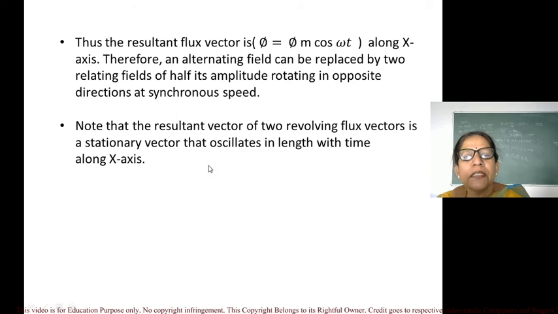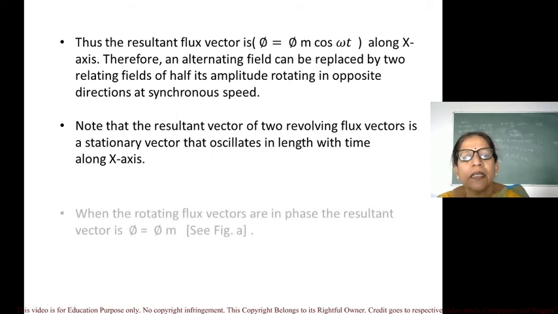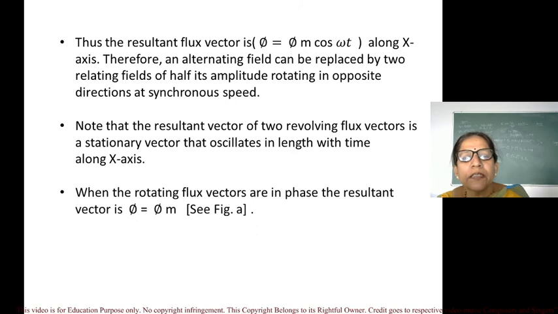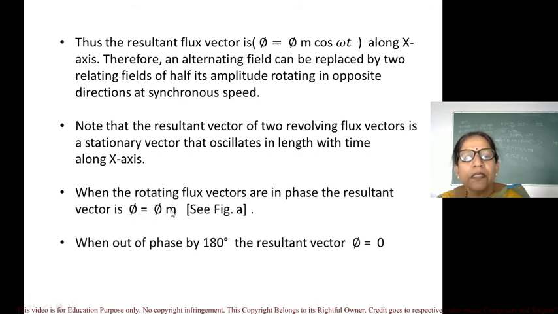That means it is not a rotating flux but an alternating flux, and when this resultant flux is observed equal to phi m, it will not be producing any starting torque.